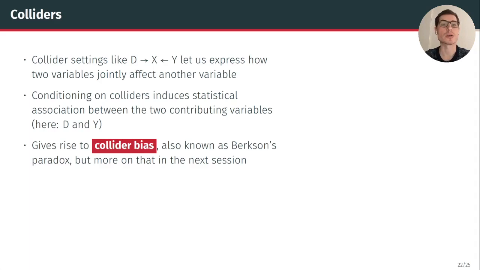The problem is when we start conditioning on them by, for instance, in a regression, just adding them as another control variable. This would induce statistical association between the two contributing variables here, D and Y. And this would give rise to collider bias, which is also known as Berkson's paradox. Again, more on that in the next session.